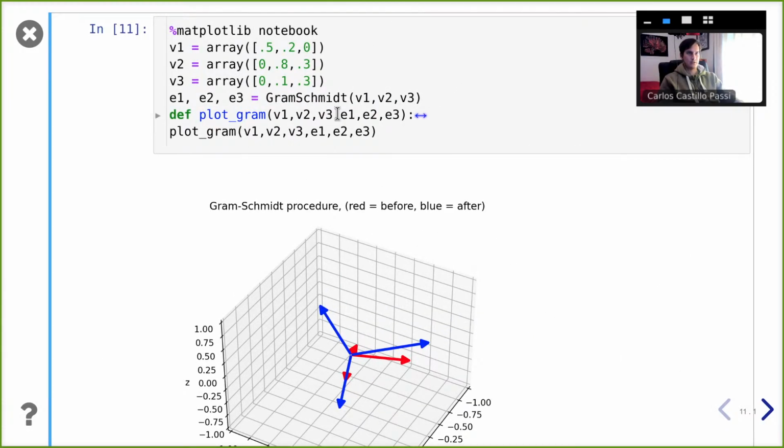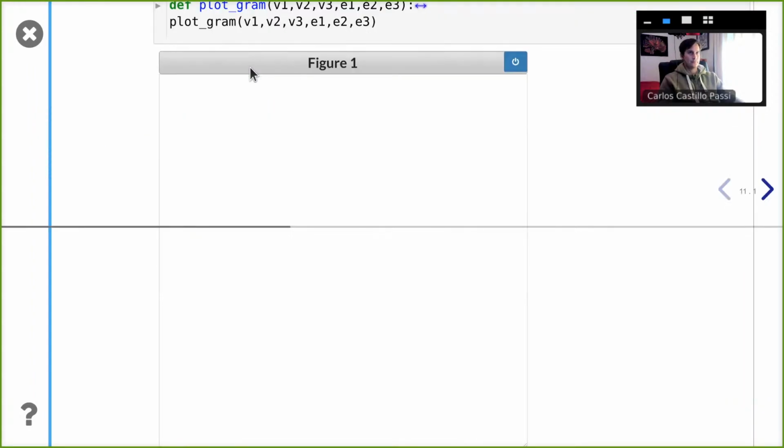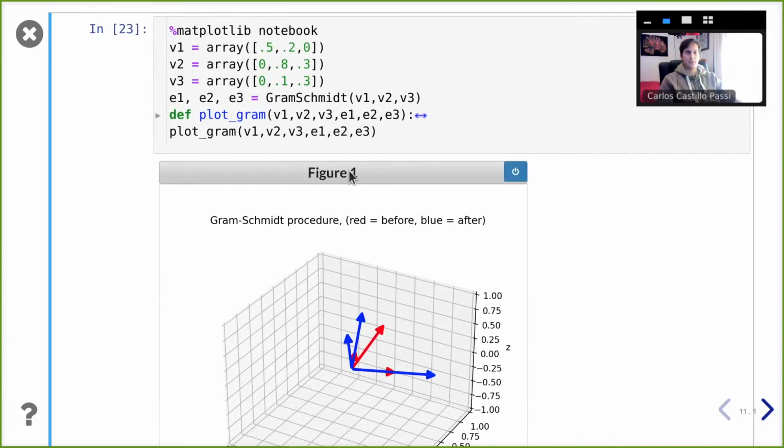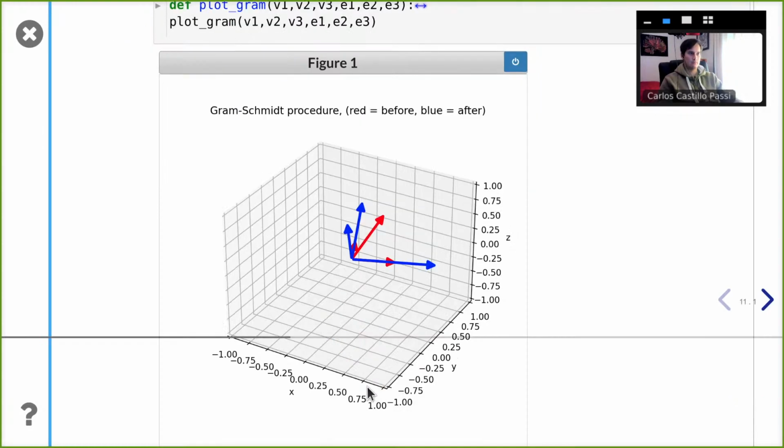And how does this look? Sorry, let me go back here. Okay, so I have these three vectors, v1 that is 0.5, 0.2, 0, v2 that's 0, 0.8, 0.3, and v3 that's another vector in R3. These three vectors in the plot are shown in red.